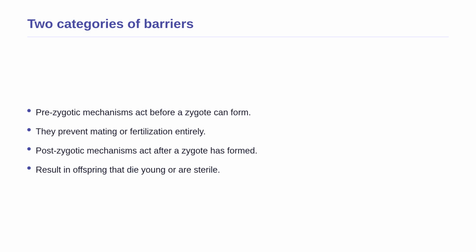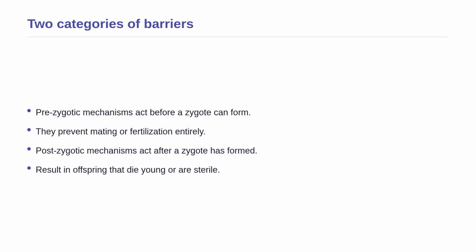Building on that definition, scientists divide these isolating mechanisms into two broad categories based on exactly when they act during the reproductive process. The first category is prezygotic mechanisms. As the name suggests, these act before a fertilized egg, or zygote, can even form. They stop mating or fertilization from happening in the first place.